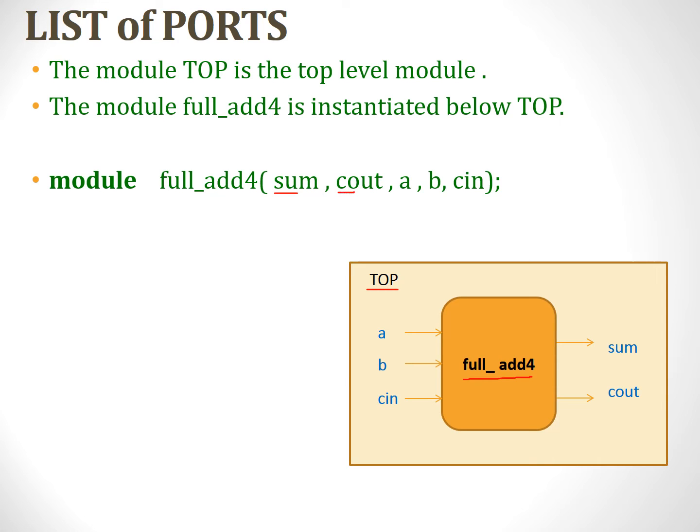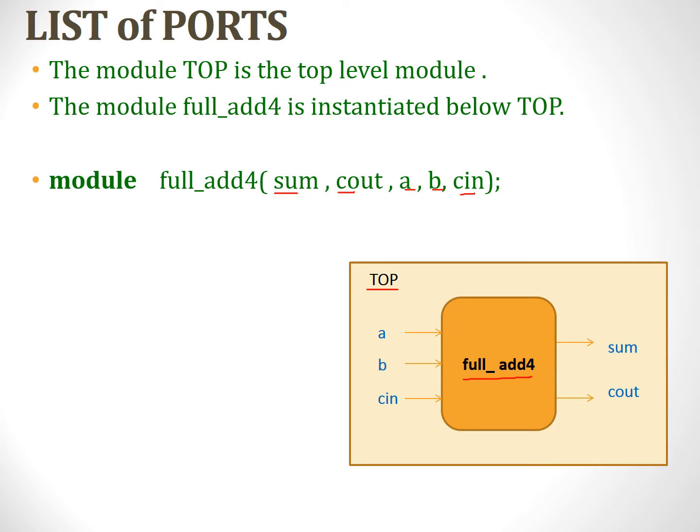The order in which we write these variables has no effect. You can list out the input variables first and then the output, or you can mix the input and output variables, but you need to be careful when they are instantiated so that their order matches the order of variables that are passed.